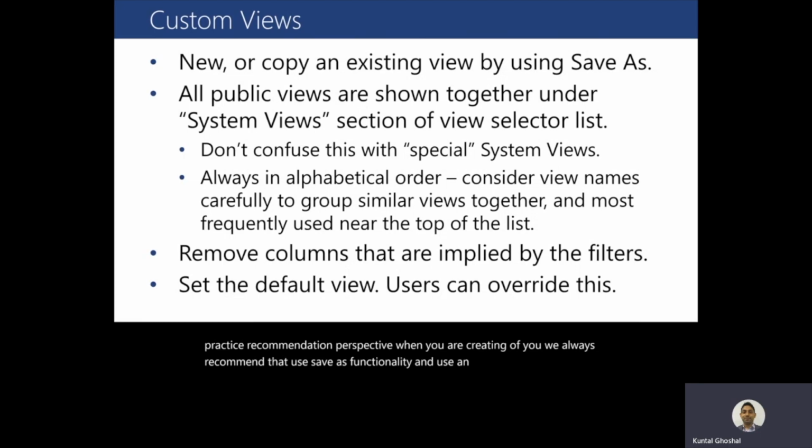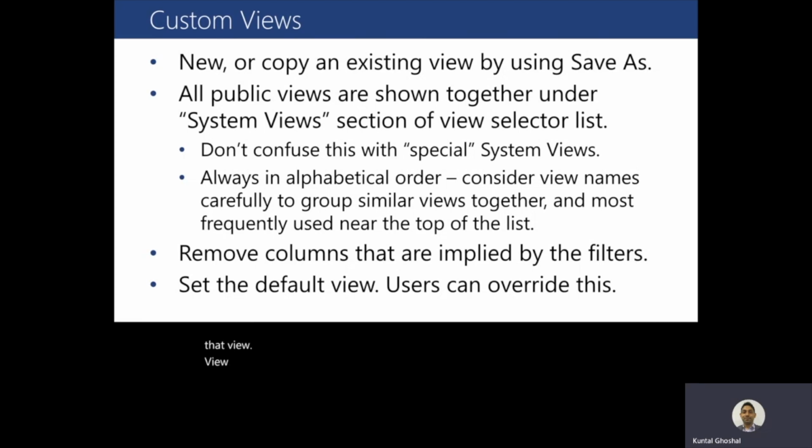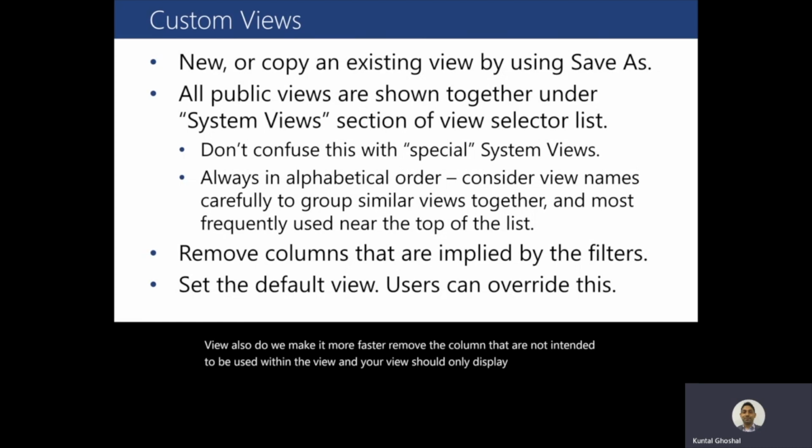What that means is, unless you are creating a brand new view, using an existing view saves a lot of time by bringing in some of the common fields that have been used in that view. To make views faster, remove the columns that are not intended to be used, and your view should only display the columns that are required for those users.